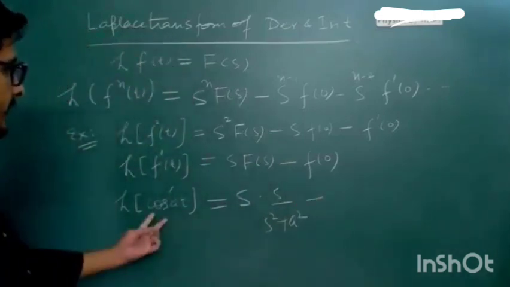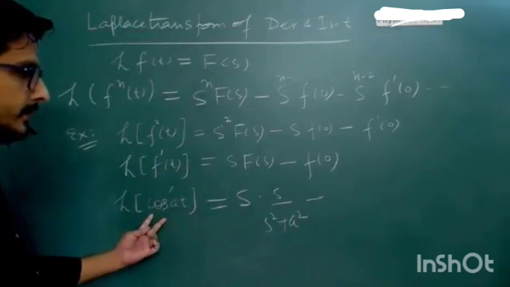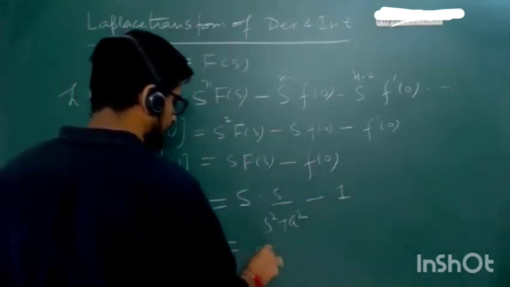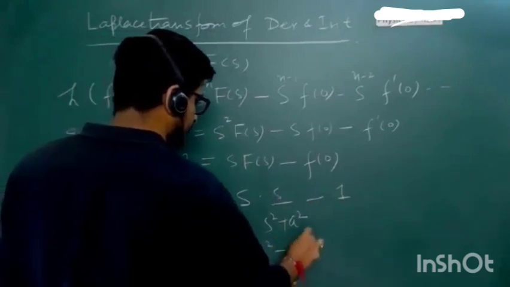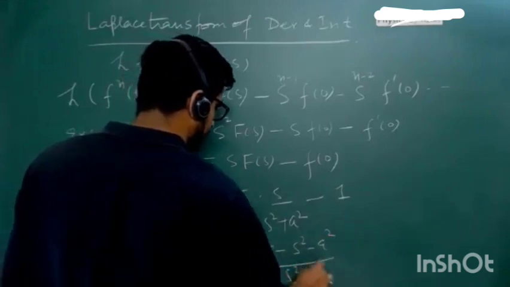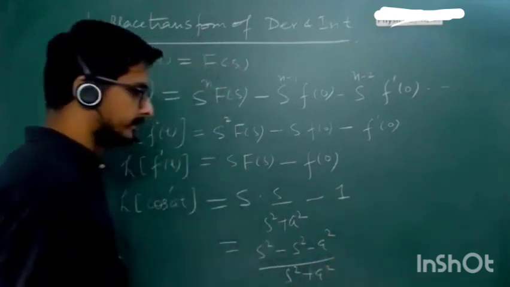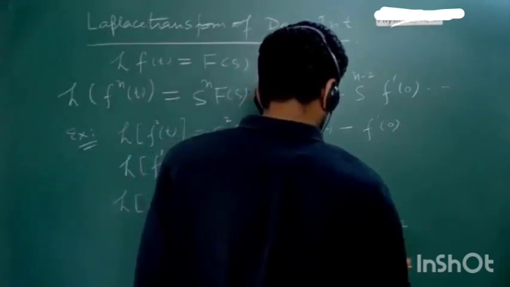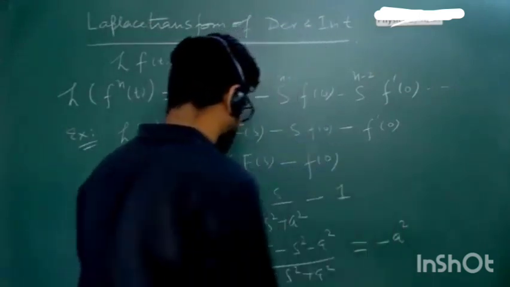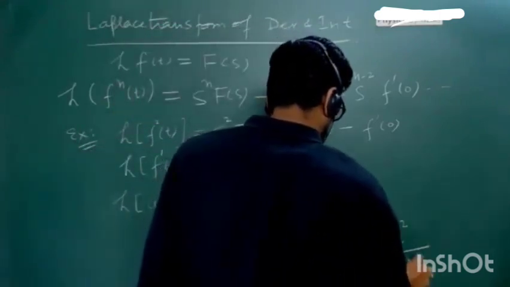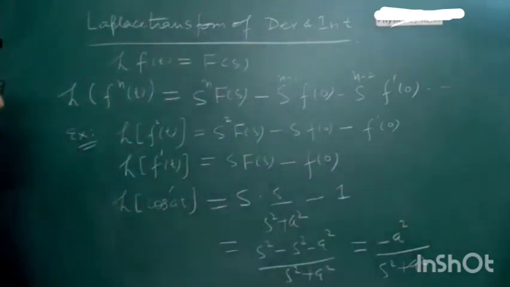What is the value of f(0)? 1. So it will become (s square minus s square minus a square) by s square plus a square. So it will become minus a square by s square plus a square. This was a very simple question just to understand.